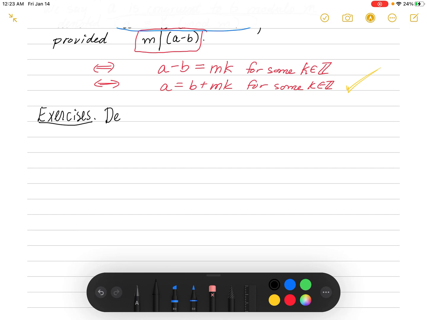Okay, so number one, we have that a equals 17, b equals 14, and m equals 3.